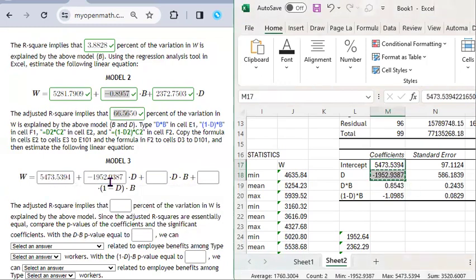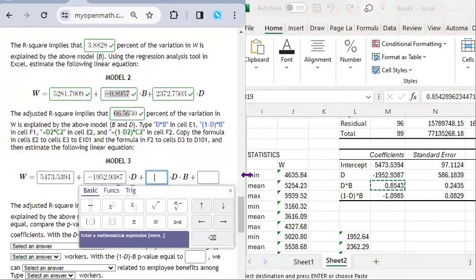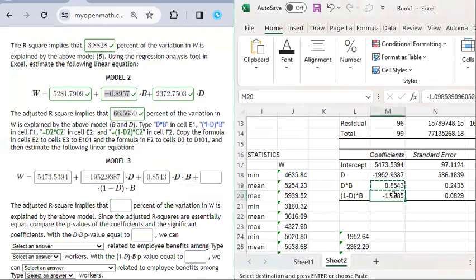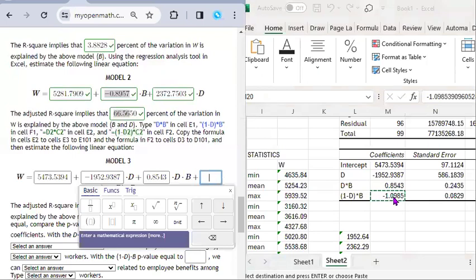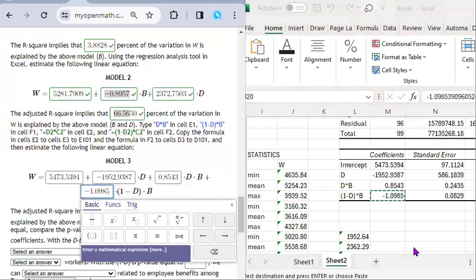We add this to that negative number, the intercept actually falls to 3,520, right? The slope for the high productivity workers is 0.8543. The slope for the low productivity workers is a negative 1.0985, right?